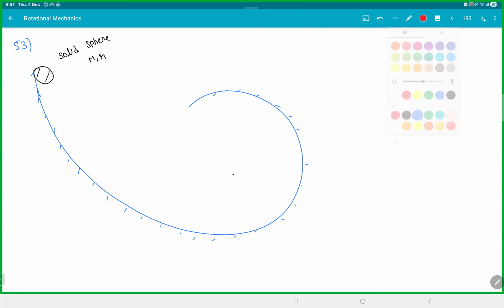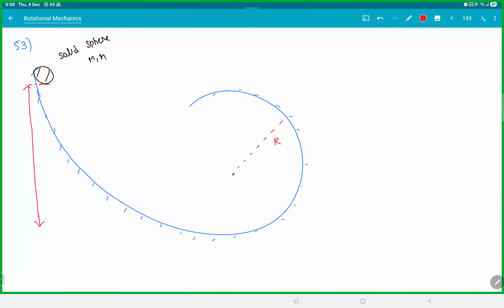This is a track of radius capital R. So from the base till here, this height is h. Not from the center. The A is the topmost point.